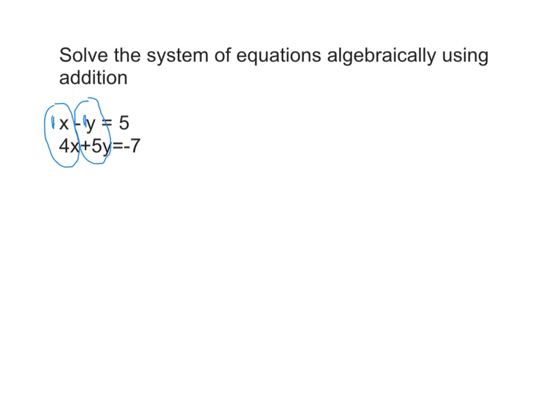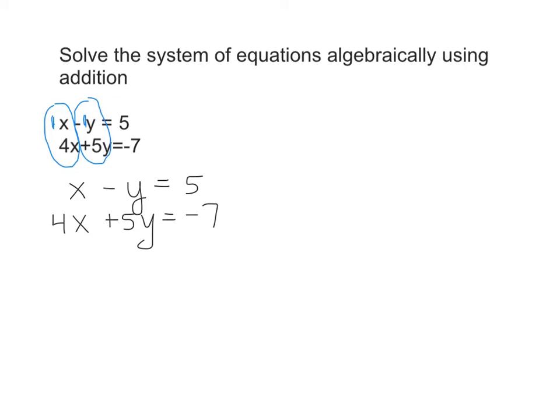But because the y's have different signs, one's a negative, one's a positive, that's going to be the best one to work with. So let's rewrite this so we don't have so much stuff. We've got x minus y equals 5, and 4x plus 5y equals -7.